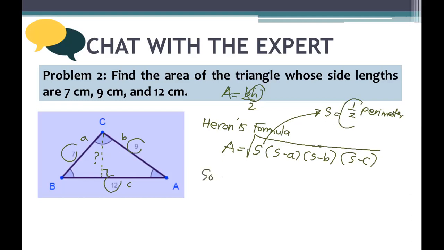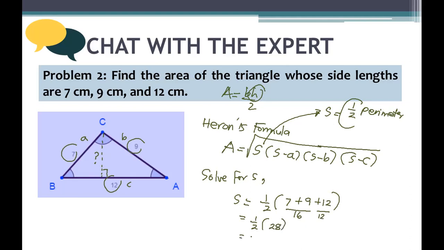So let's solve for S. So S is equal to 1/2 of 7 plus 9 plus 12. That's going to be 16 plus 12. That's 28. Divided by 2, the answer is 14. So your S here is equivalent to 14.